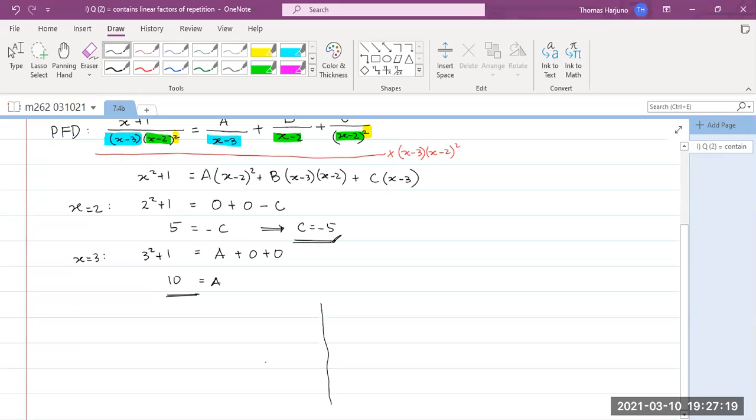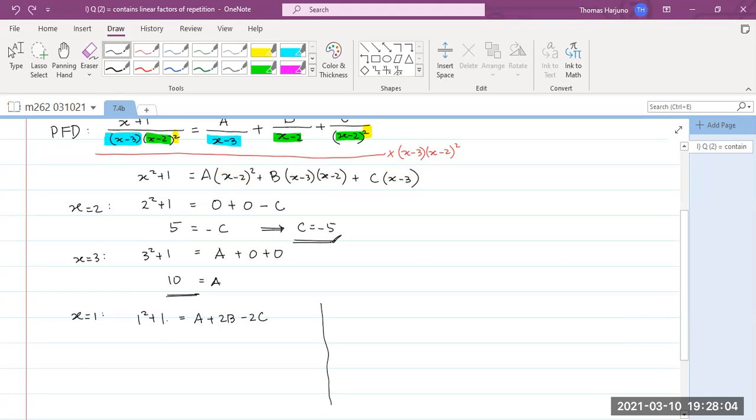One way is to choose another x that doesn't kill all terms, but is at least simple enough. Let's say x equals 1. So 1 squared plus 1 equals A plus 2B minus 2C. When x equals 1, negative 1 squared becomes positive 1, negative 2 times negative 1 is positive 2, and this one is negative 2.